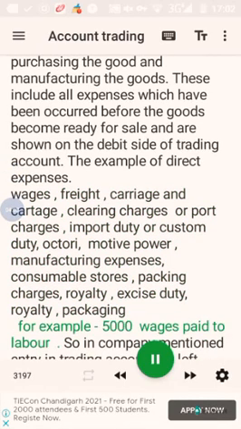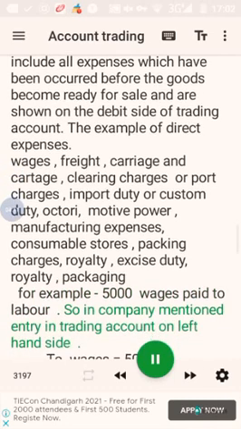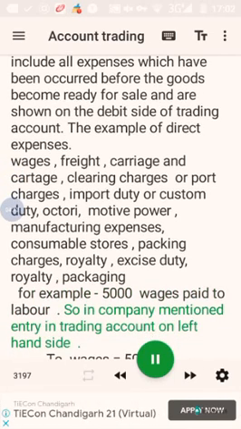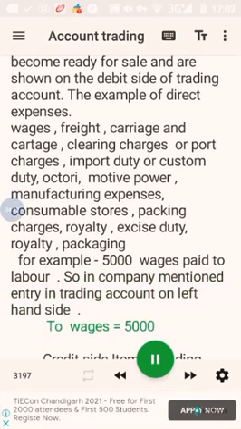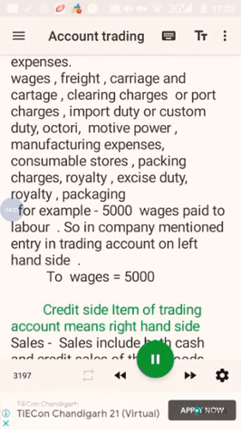For example, 5,000 wages paid to labor. So the company mentions the entry in trading account on the left hand side: to wages equals 5,000.